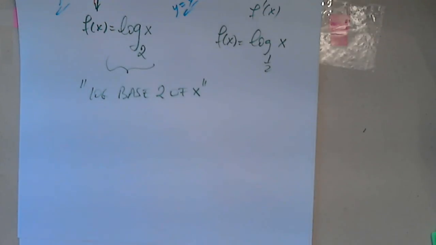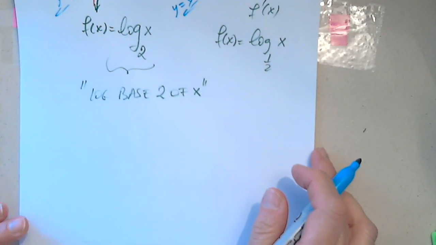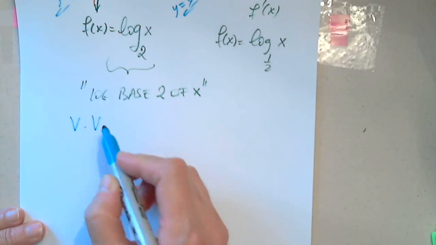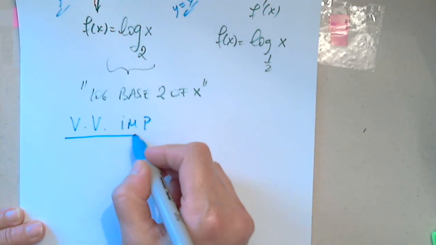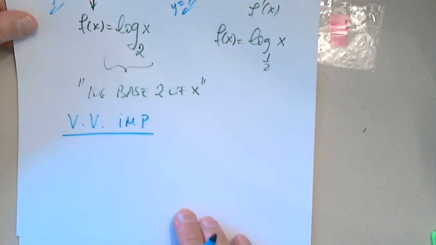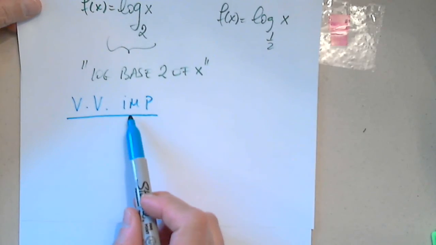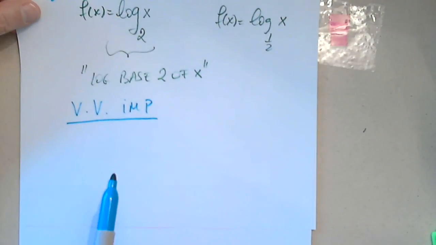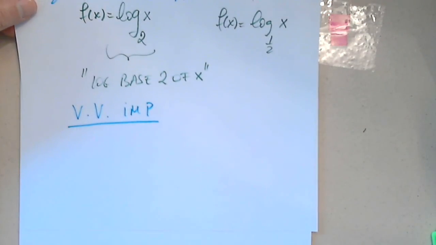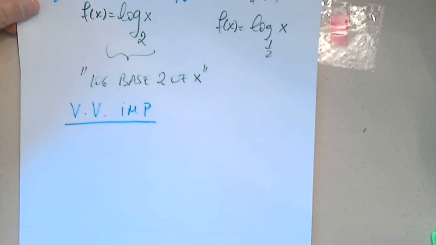So here's the next topic, which I would consider the most important topic in the entire chapter 4. Once we understand this and we know how to apply it, we should have no difficulties with this chapter, I think.